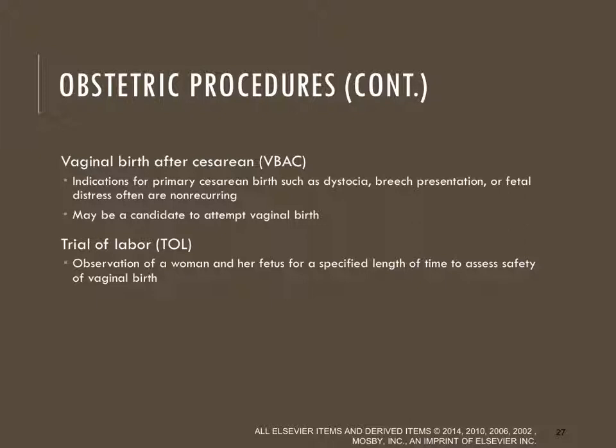So they will do a trial period, usually about 4 to 6 hours, to see if mom can labor and progress. And if she is able to do that successfully, mom can have what they call a VBAC.